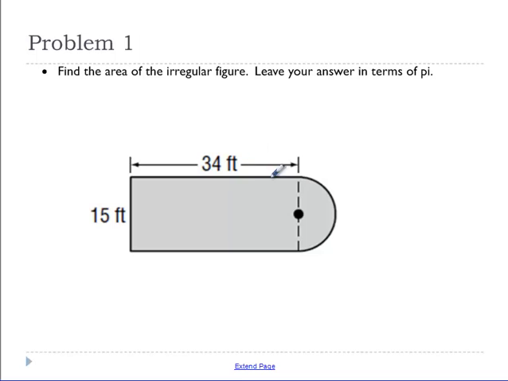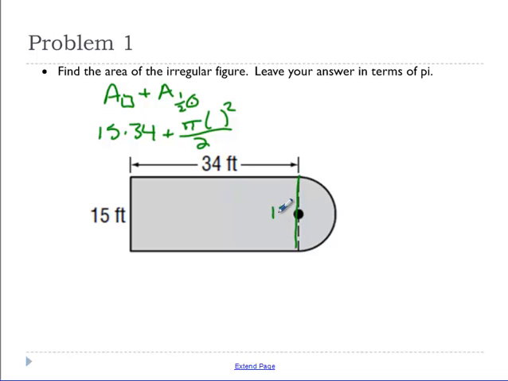Similar problem, but I'm given the base of the rectangle. We have the area of a rectangle plus the area of a half circle. We have base times height plus pi r squared over 2. Now r is half of the diameter, and this diameter here, from here to here, is 15.